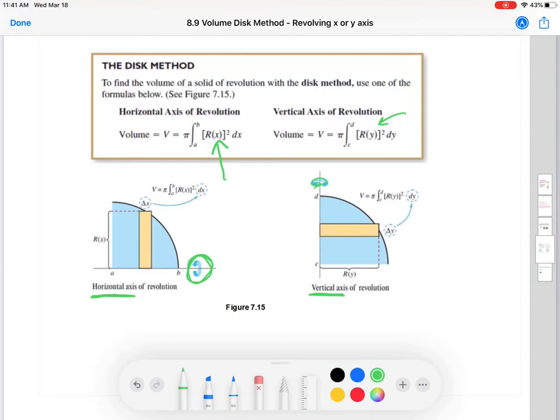Okay, so notice because pi r squared is the area of a circle, we have the radius squared inside there, and pi is just a constant, so we pull it out front just for ease of calculations. All right.